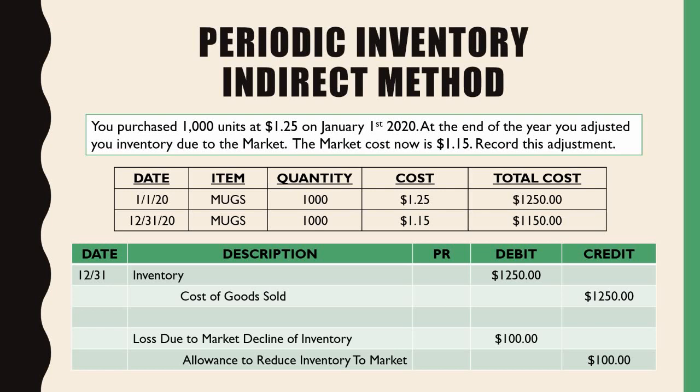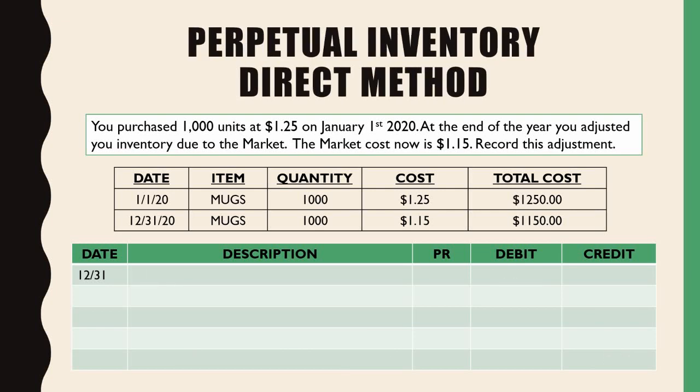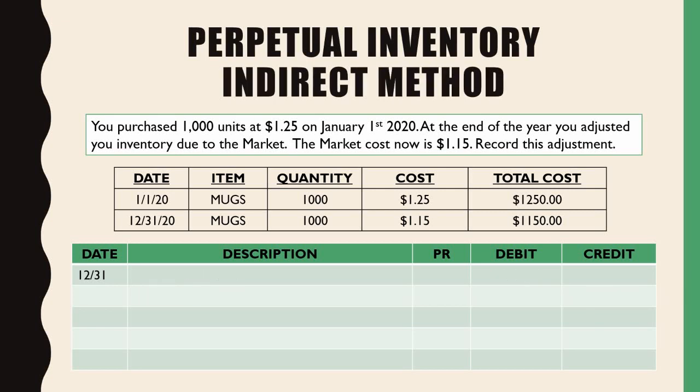However, if you ever stumble across a company that does this, this is how you're going to journalize it. Of course, I put perpetual inventory here as well. We're not going to learn this until chapter 7 and chapter 8, but when we finish that section, here is what you do for perpetual inventory.